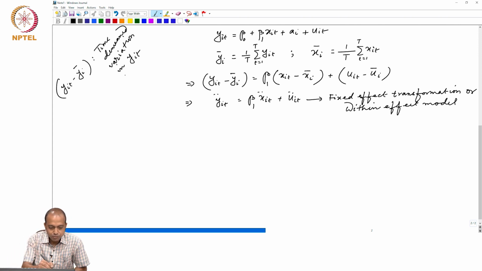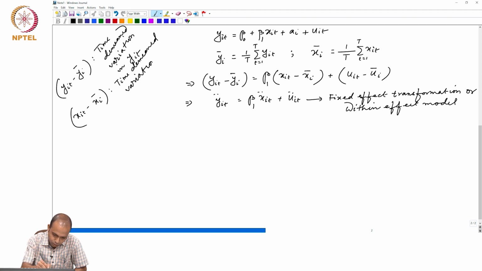So, this is called time domain variation in YIT, and then XIT minus XI bar is the time domain variation in XIT.